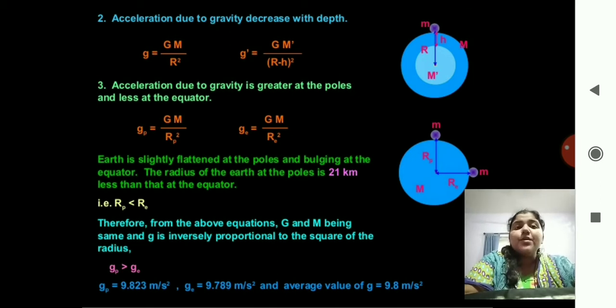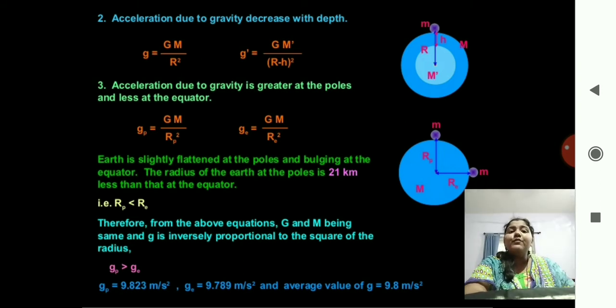Next, acceleration due to gravity is greater at the poles and less at the equator. Why is it so? Because the earth is elliptical, correct? It is oval in shape, so the poles will be at the extreme end. Therefore, the acceleration will be more at the poles and less at the equator.